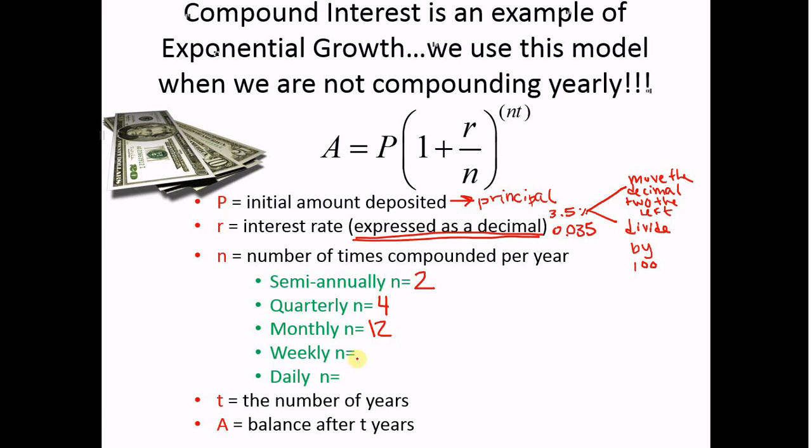Weekly, how many weeks in a year? 52. And on a normal year, we have 365 days. So if it's daily, it would be 365 times. T is the number of years. And A is the balance after T years.